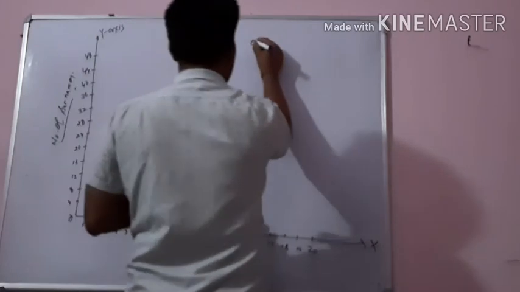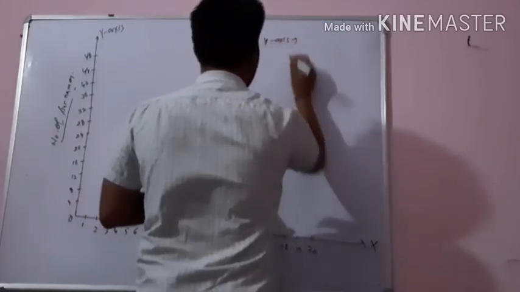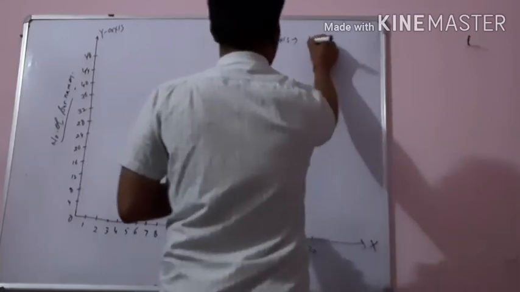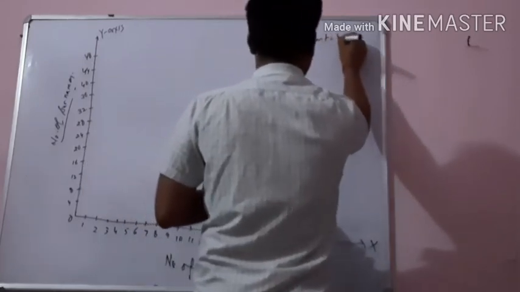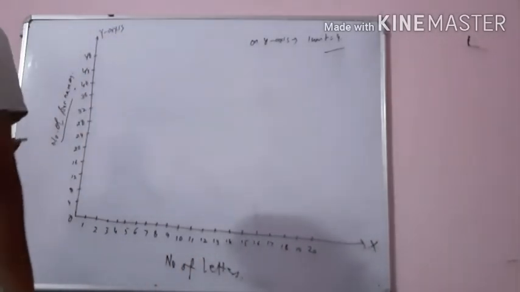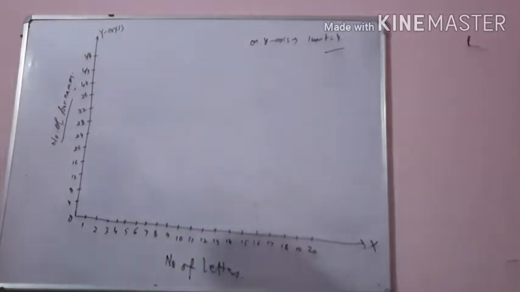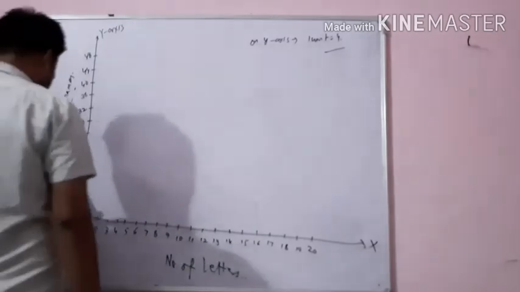So on the y-axis we are taking 1 unit equal to 4. Now 1 to 4: what is the length of rectangle? It is 4.